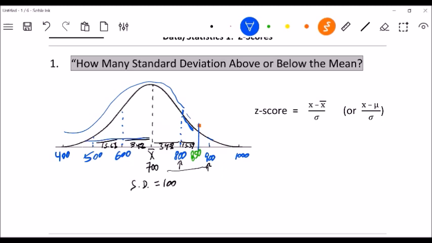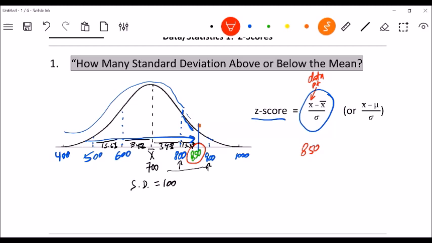What is it for all of this up to there? We use this formula. We use a z-score, and this formula gives us that number, and then we use a z-score table to find the percentage. So let's look at what these are. This is your data point. In this case, the data point is 850.